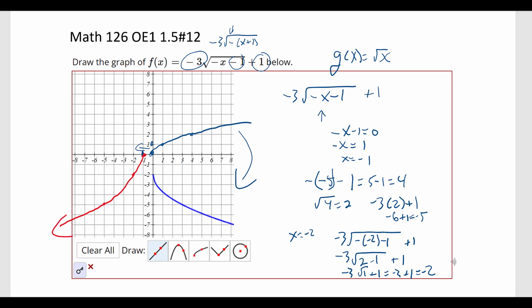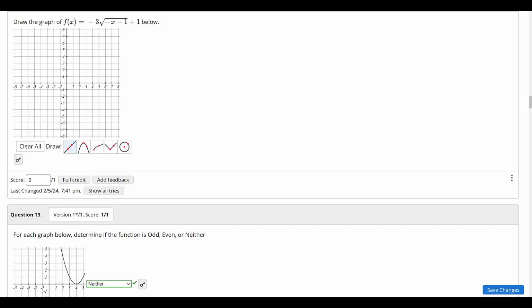So let's go over to the program and try to do this. So what do we have? We had it at negative 1 was, well, negative 1 plus 1. Wasn't that negative 1 going to be a positive 1? I need a curve like that.